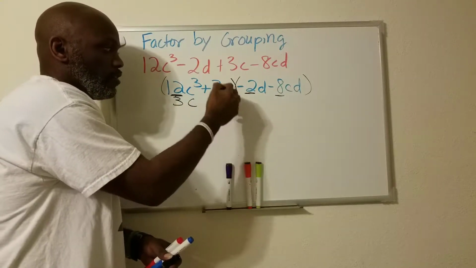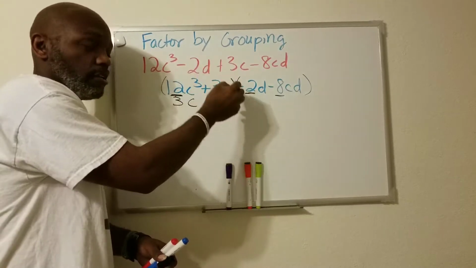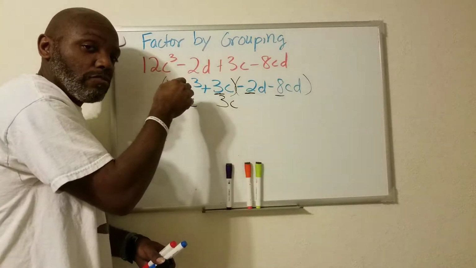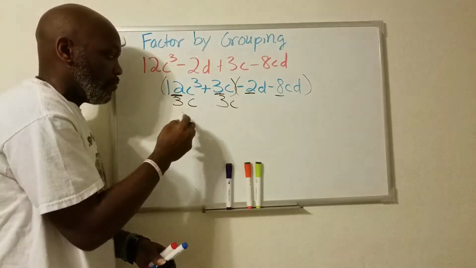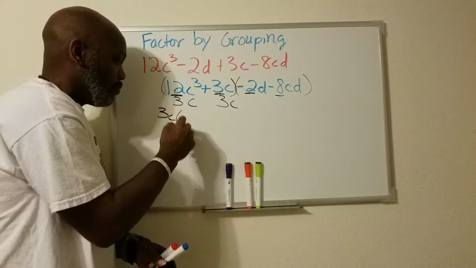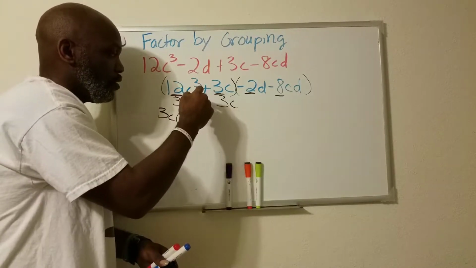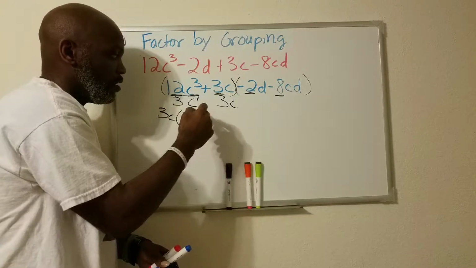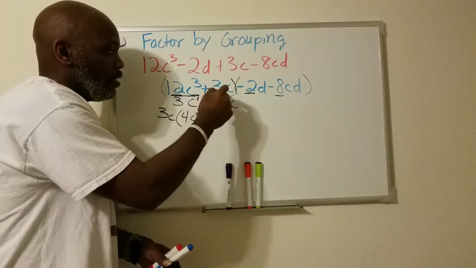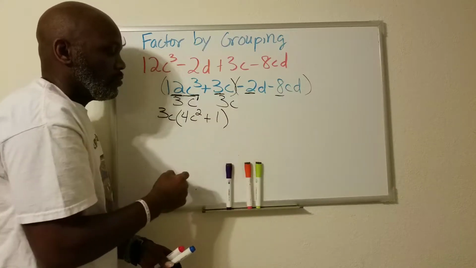Remember, because the exponent is smaller, that is the greatest common factor, because that is the most that can be taken out. So we have 3c. We reduce: 12 divided by 3 is 4. C to the third divided by c to the first is c to the second. And then 3c divided by 3c is 1.